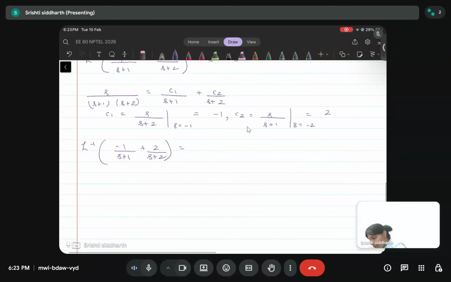Make sure to check the sign of the equation. So this becomes minus e to the power minus t plus 2 e to the power minus 2t.